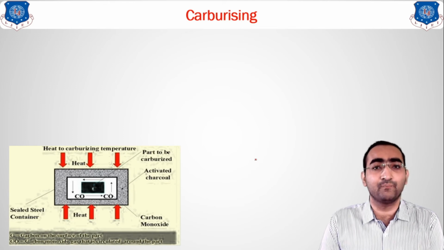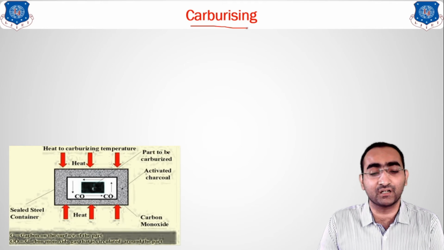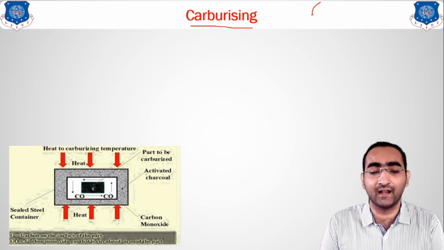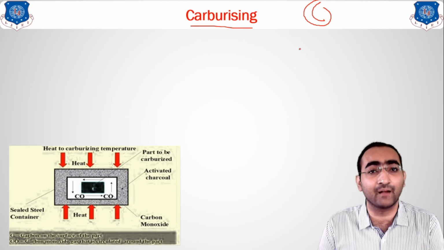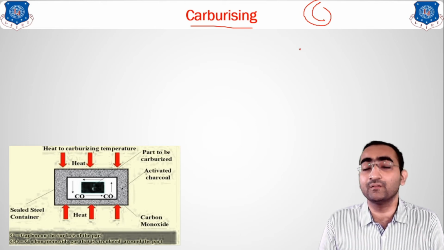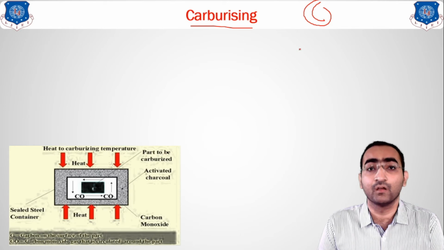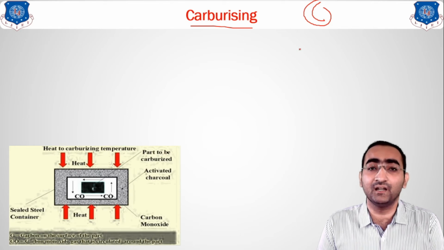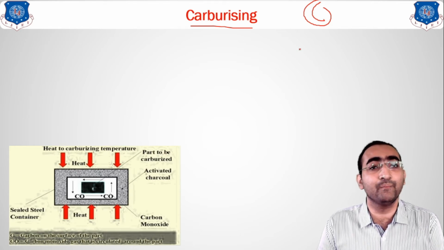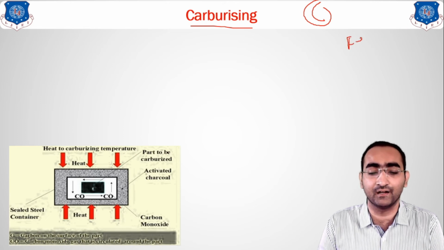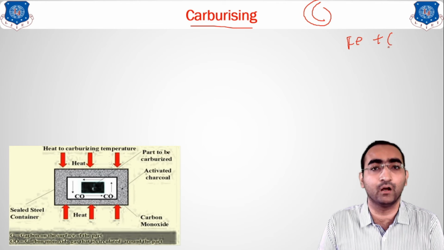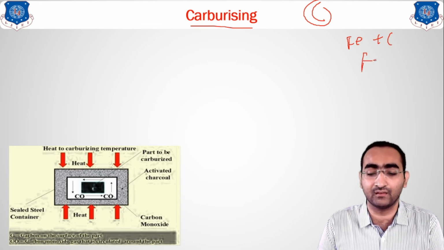In this method, as the name suggests, carburizing, we are adding carbon into the material. Which material? Steel. In the steel we are adding carbon. What is the major content of steel? That is iron. So when this iron reacts with carbon, it will form Fe3C.